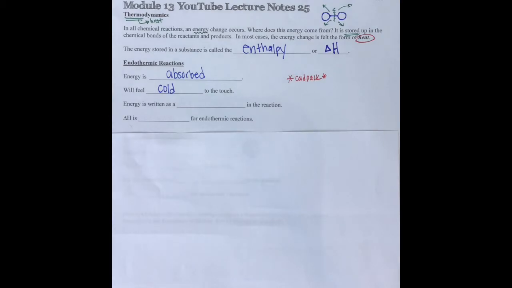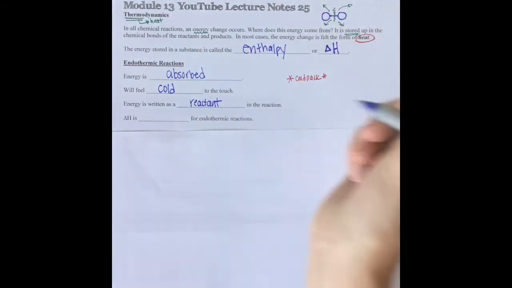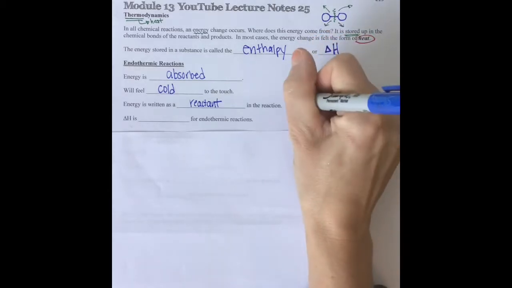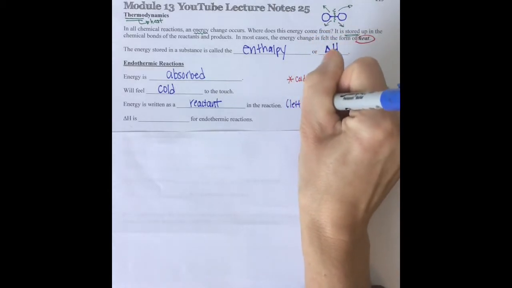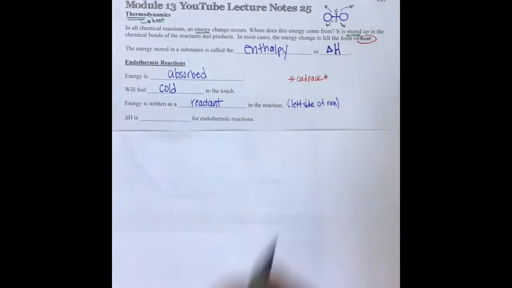When we write this type of reaction, the energy is going to be written as a reactant. That means it will be written on the left side of the reaction. We'll practice with some of these later on.